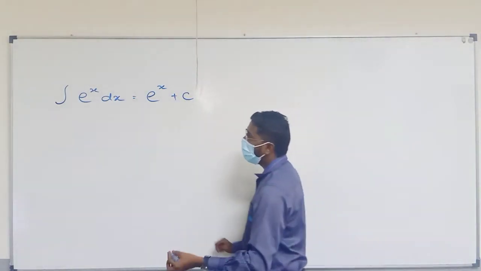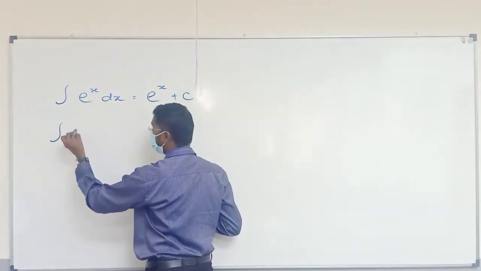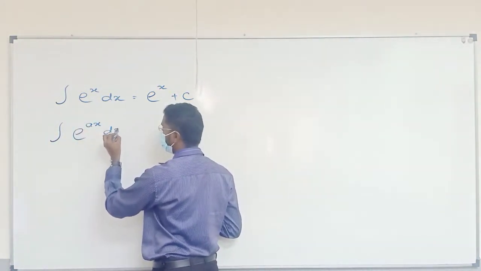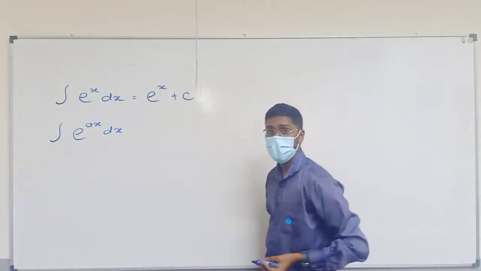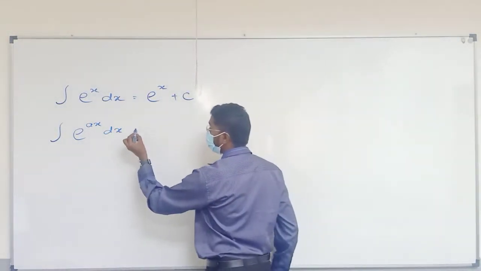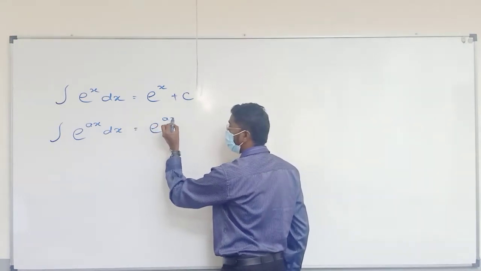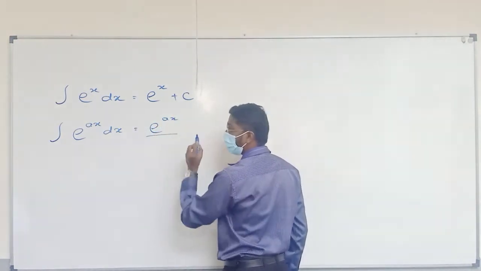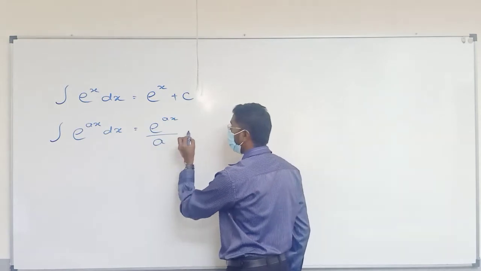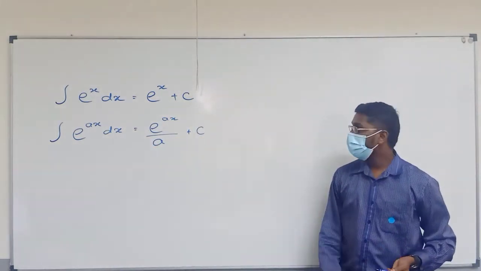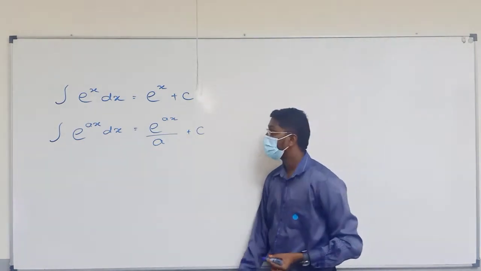Let's say I give you the integral of e^(ax) dx. The integral is going to be e to the power of ax divided by a, plus c, where c is a constant.